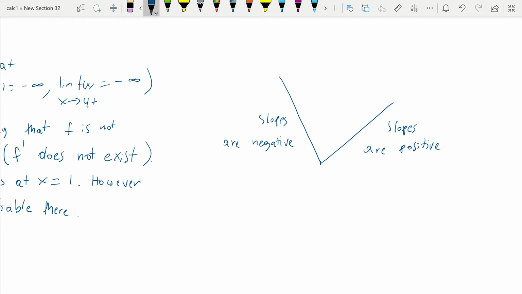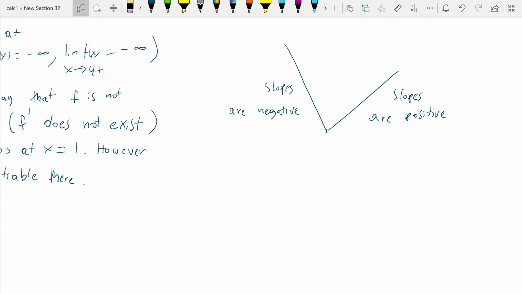So if we compute the quotient f of x plus h minus f of x over h, we'll get some limit from the left, and that will give us a negative number, and on the right-hand side we'll get a positive number. Those two one-sided limits are not the same, so the limit of f of 1 plus h minus f of 1 over h does not exist when h approaches 0.